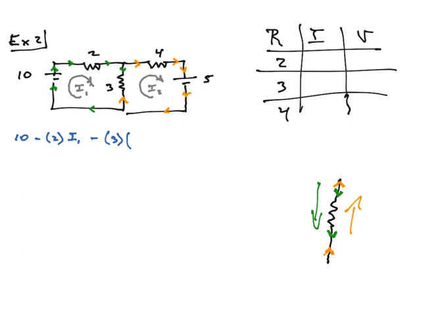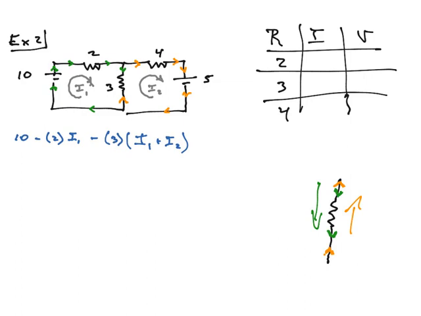However, because they go in opposite directions, one of them is in the positive direction, one's in the negative direction. So instead of it being I1 plus I2, which you would think is the total current hitting it times the resistance, because they're going in opposite directions, one of them is negative. Which one do you make negative?